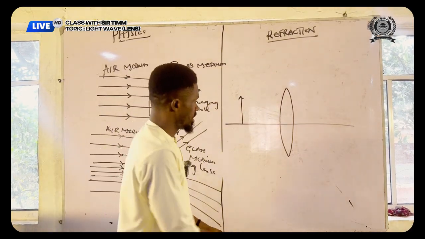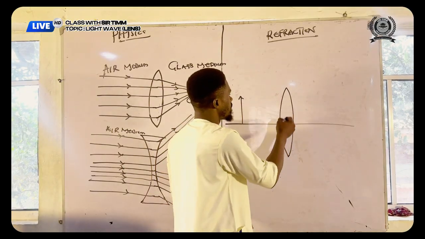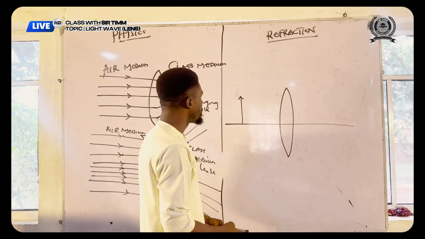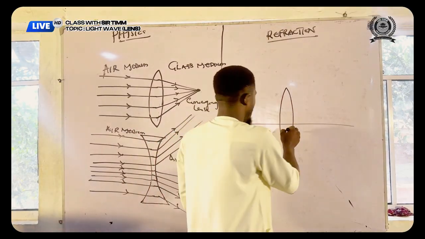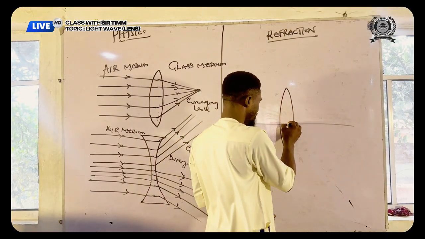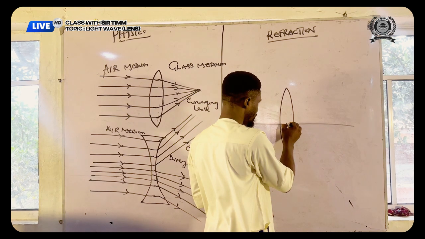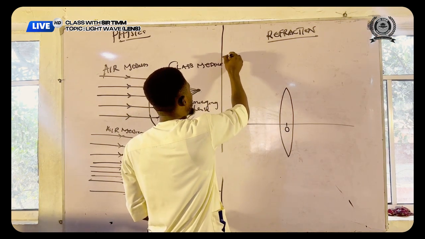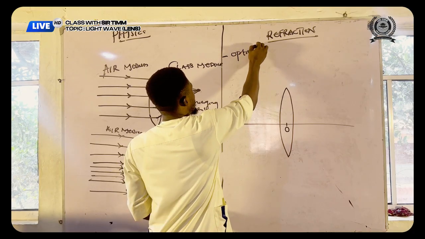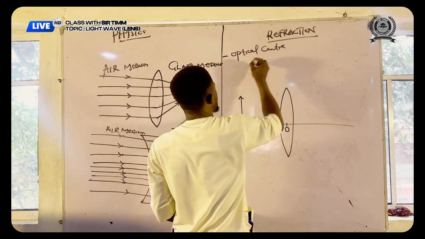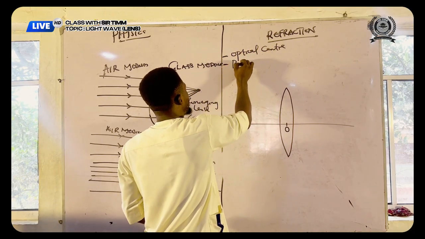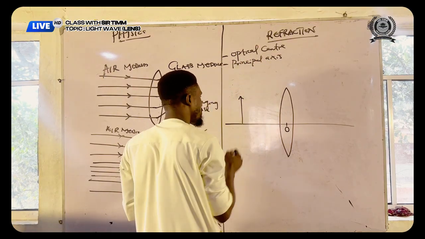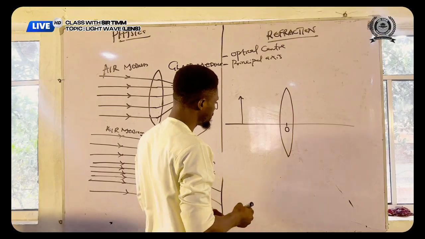So this is our convex or converging lens. Now, at the center here, we have number one, the optical center. And number two, we have the principal axis.